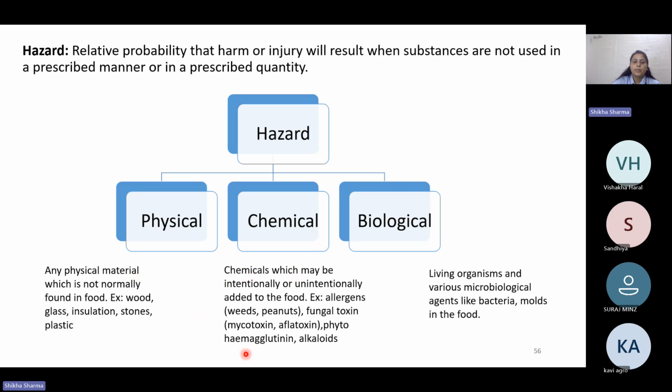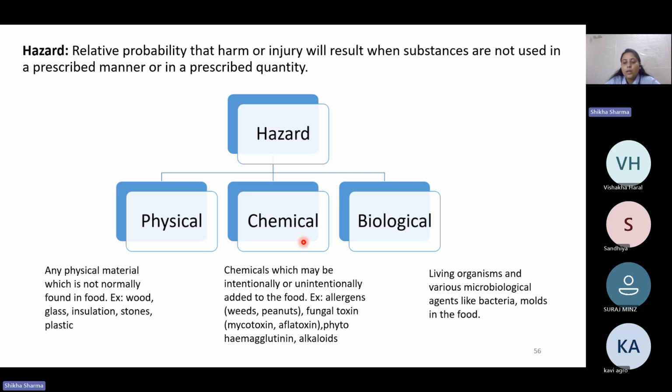In chemical hazards, chemicals can be added either intentionally or unintentionally to the food, like allergens from peanut, almond, or milk products, or fungal toxins like mycotoxins and aflatoxins. Phytohemagglutinin, which is a kind of toxin, can be present, or alkaloids.